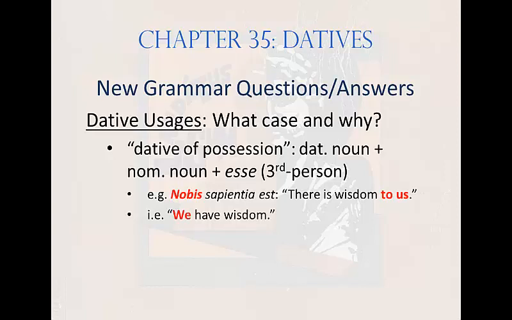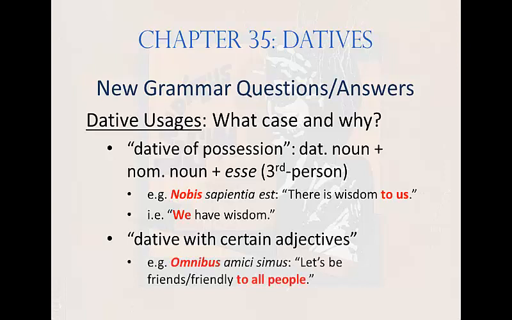What would your answer be if I underlined nobis and asked you what case and why? The dative of possession, of course. And finally, the dative with certain adjectives, really a collage of adjectives whose meaning calls for a dative, such as omnibus amici simus, let's be friends or friendly to all people.